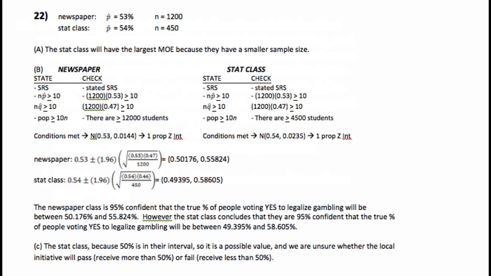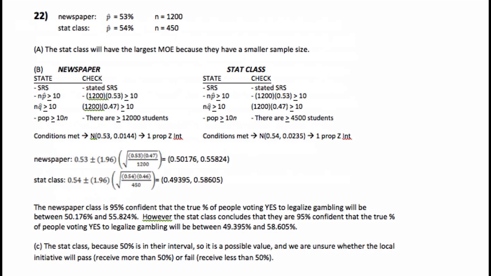We were doing 95%, so 1.96 times the square root of p hat times q hat over n. So there's all my information. That gives us an interval of 0.50176 to 0.55824. And again, you could actually just plug this into your calculator. You go to stat, test, then do a 1 proportion Z interval, plug in all your information, and it'll give it to you. Then just put the numbers in to show your work, okay?